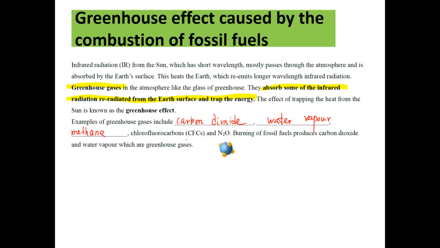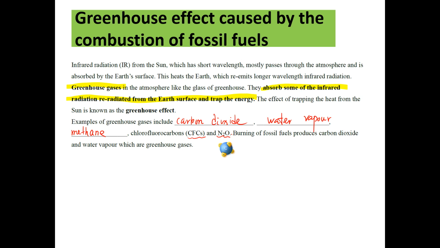And the others just like CFC, chlorofluorocarbons, N2O, dinitrogen oxide. Okay, this is not for CFC, you will learn about it later. So most importantly in this chapter is about carbon dioxide and water. Carbon dioxide and water come from complete combustion of hydrocarbon.